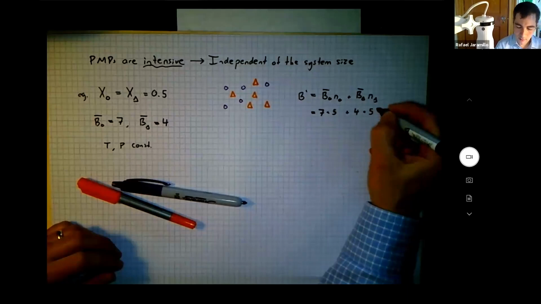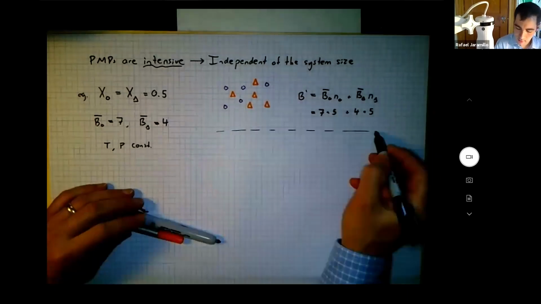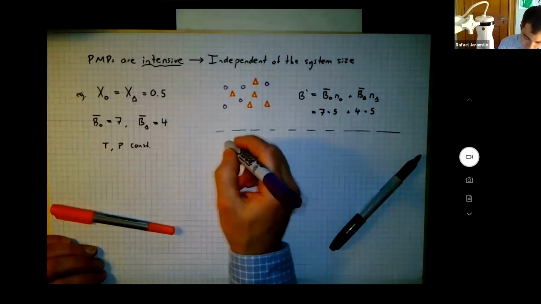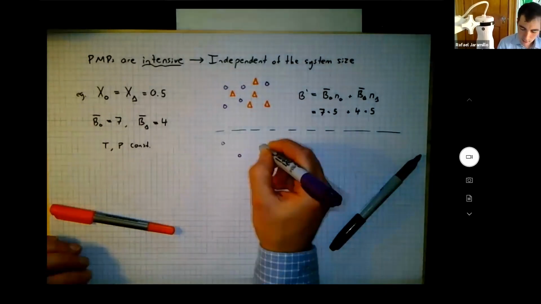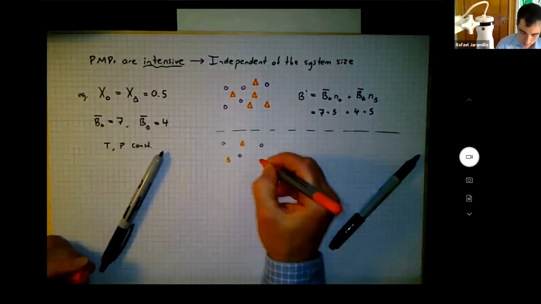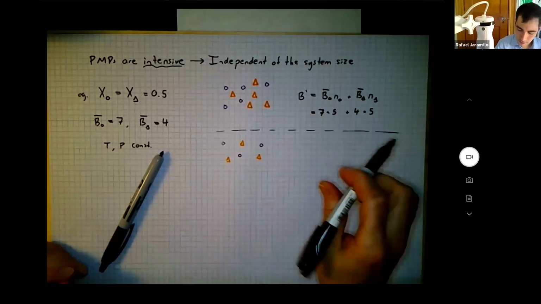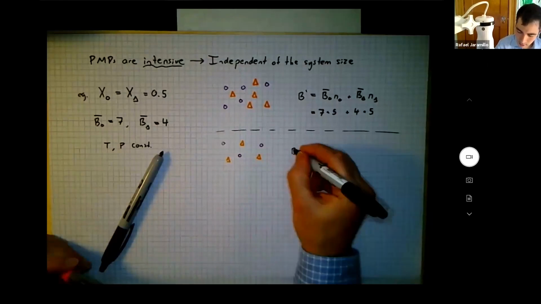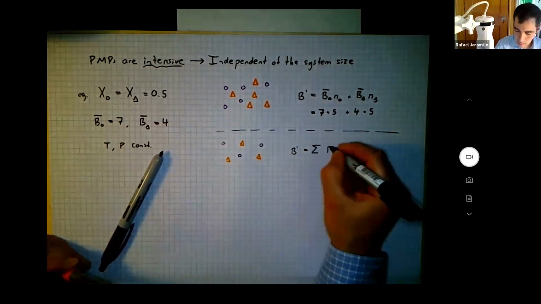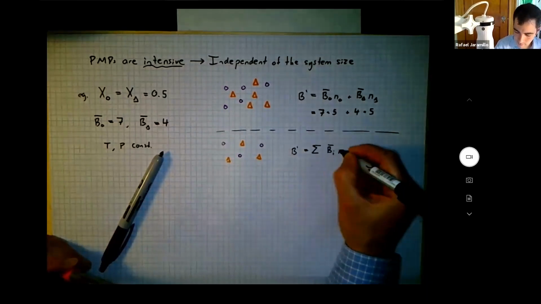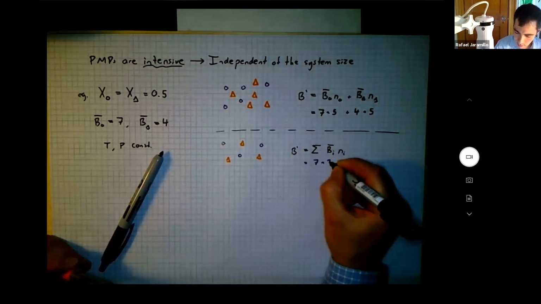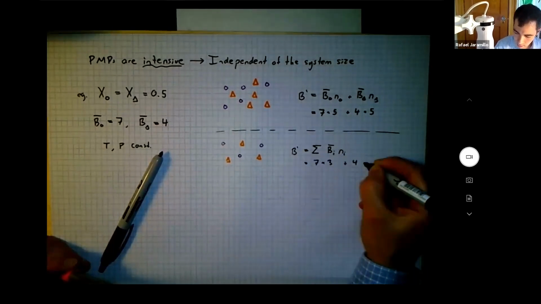Let's consider a slightly different case. Let's make the system a little smaller. Let's have 3 moles of each. In this case, the total amount of B, again, is the sum of B_i N_i, equals 7 times 3 plus 4 times 3.